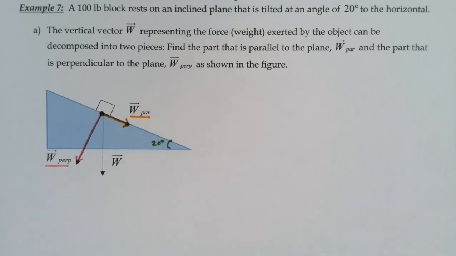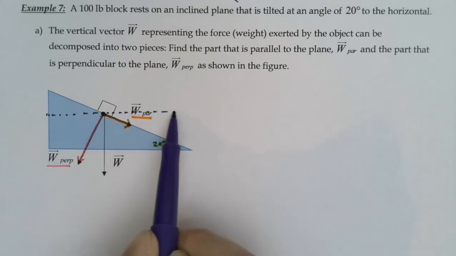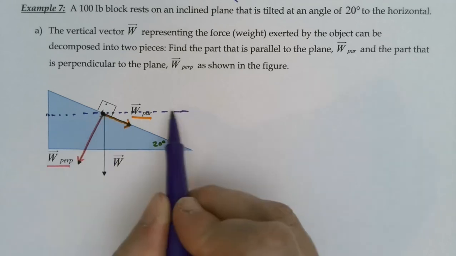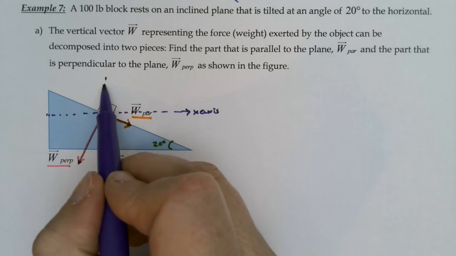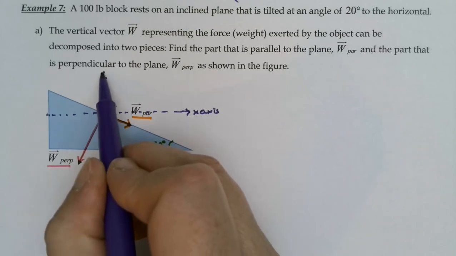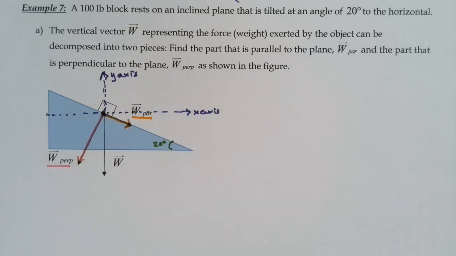All right, and then just for fun, we can put in the x-axis, because if I make that dot the origin, where the center of the block meets the plane, then this is the x-axis, and this is the y-axis. And so the weight vector is actually the downward y-axis. I'm just sketching it in there. It doesn't have to be perfect.